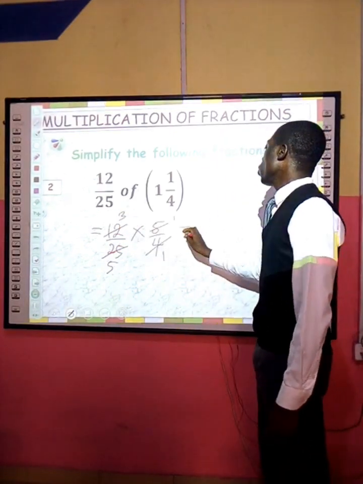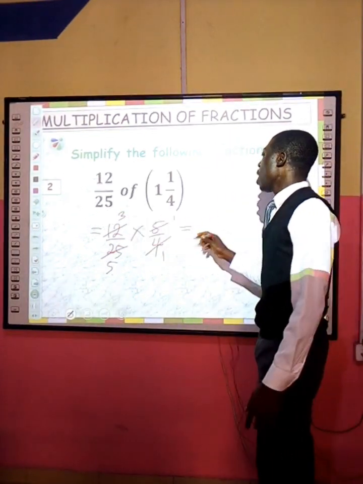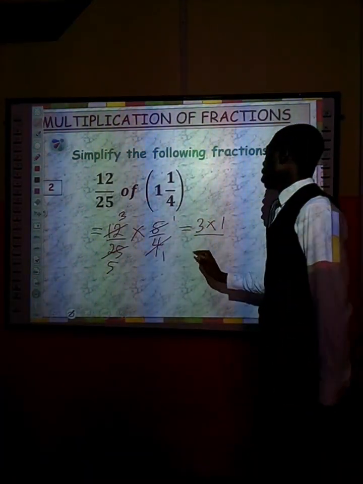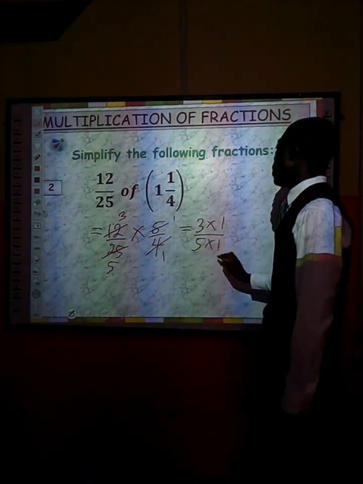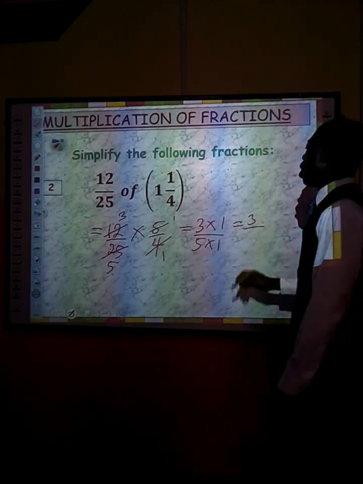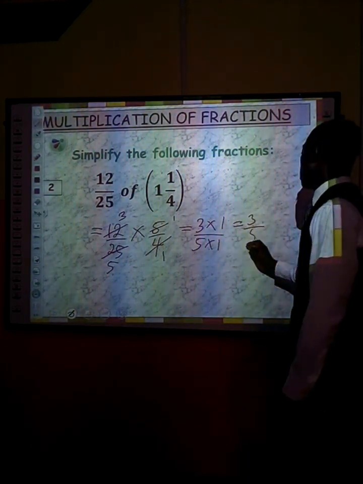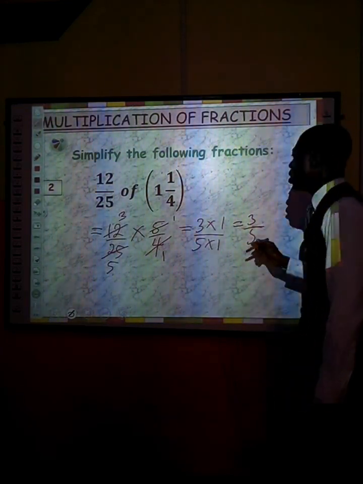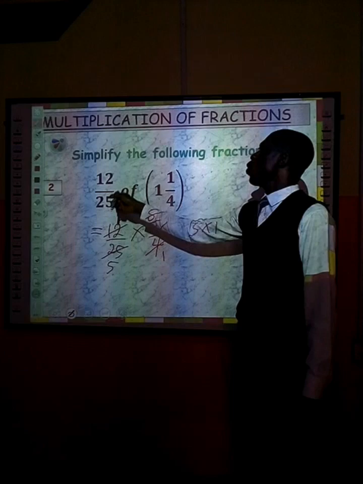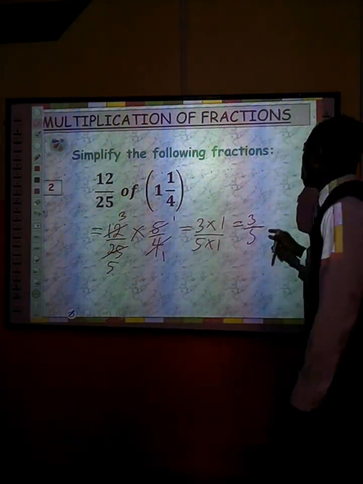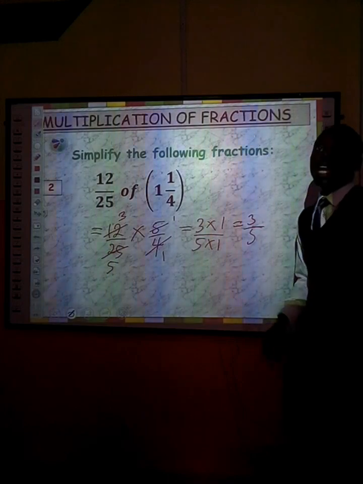So what do you think will remain now? 3 and 1. So I'm going to say 3 multiplied by 1 all over 5 multiplied by 1. So 3 times 1 is going to give you 3, all over 5 times 1 is going to give you 5. So that means that 12/25 of one whole number 1/4 will give you 3/5 as your final answer.